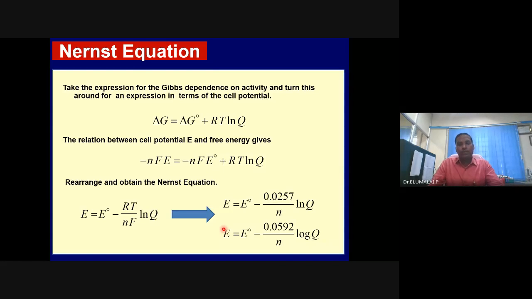It continues to rule the battery market. For the last 150 years it has been on the road, or on the market. Different directions have been taken with the lead acid battery, and the electrolyte used is sulfuric acid. The concentration of the sulfuric acid will determine the cell voltage, not only OCV but also the working potential. So that can be obtained by this equation, the Gibbs free energy, Nernst equation.